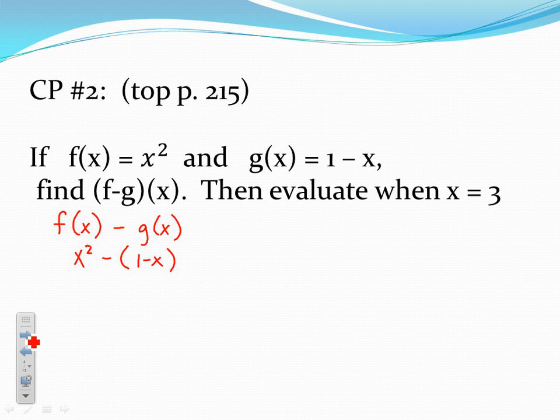You're subtracting all of g of x. So just like when we were subtracting our polynomials earlier in this course, remember that you're subtracting each item. So subtract 1 and subtract a negative x. So then we end up getting this as our function.